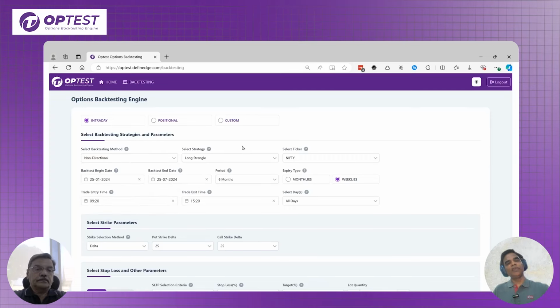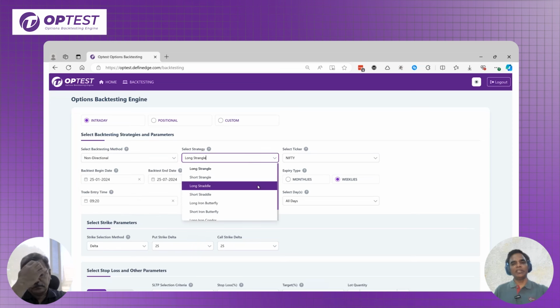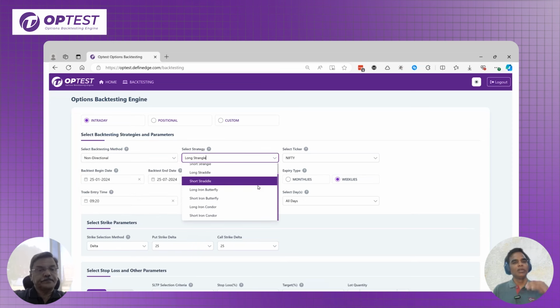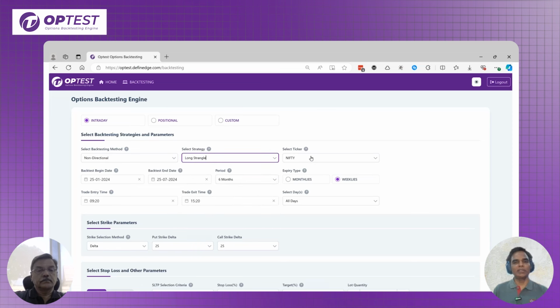So I have shown you the different backtesting methods, and then we have different strategies in each. If you select non-directional, it will show only non-directional strategies. And you have different tickers.